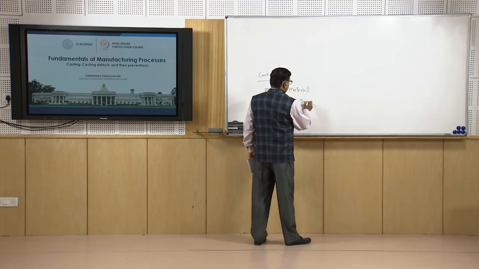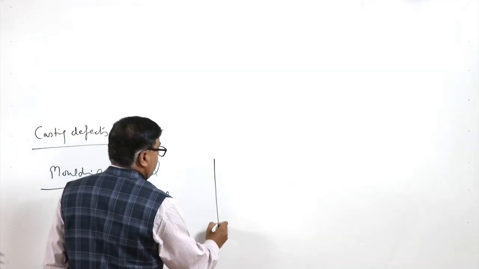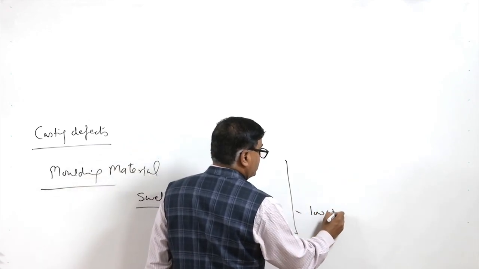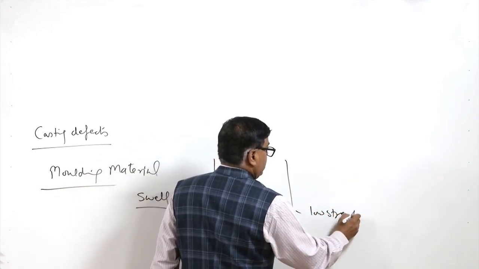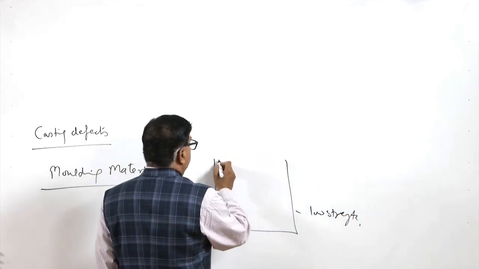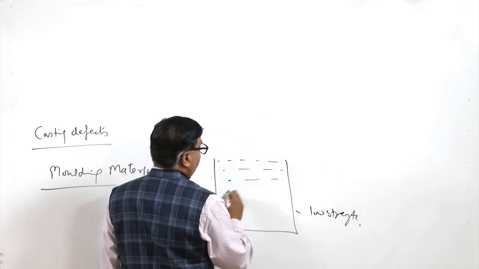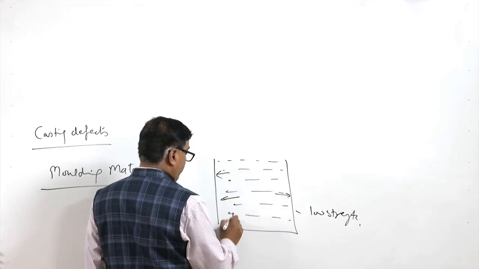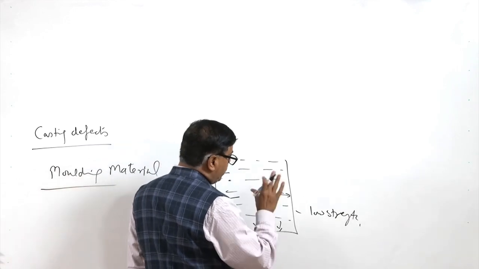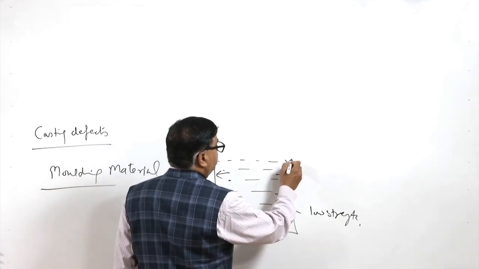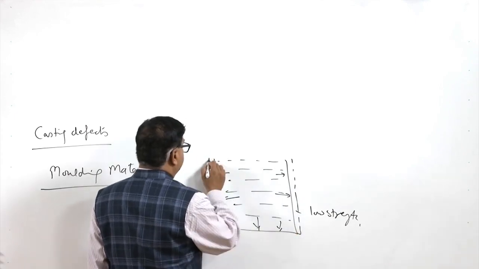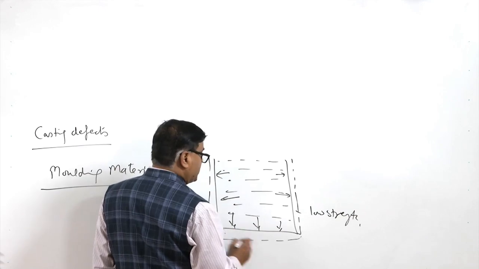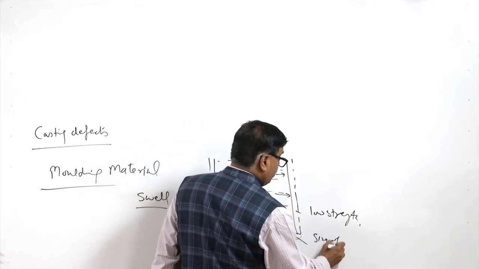Swell is another issue which is encountered. Say this is the mold wall, and if these are made of low strength, then when the molten metal is filled in the mold cavity, it will apply metallostatic pressure onto the mold walls. If the mold walls are of low strength, they will shift backward. This shifting of the mold wall will change the size of the cavity.